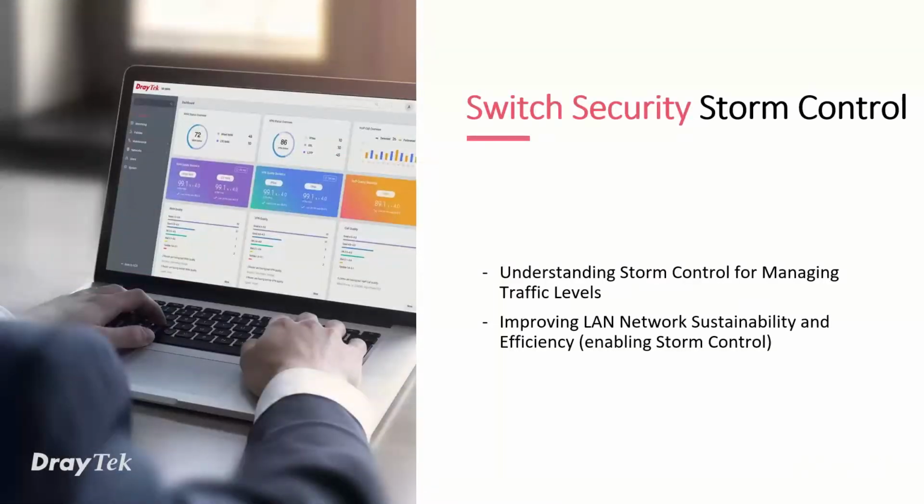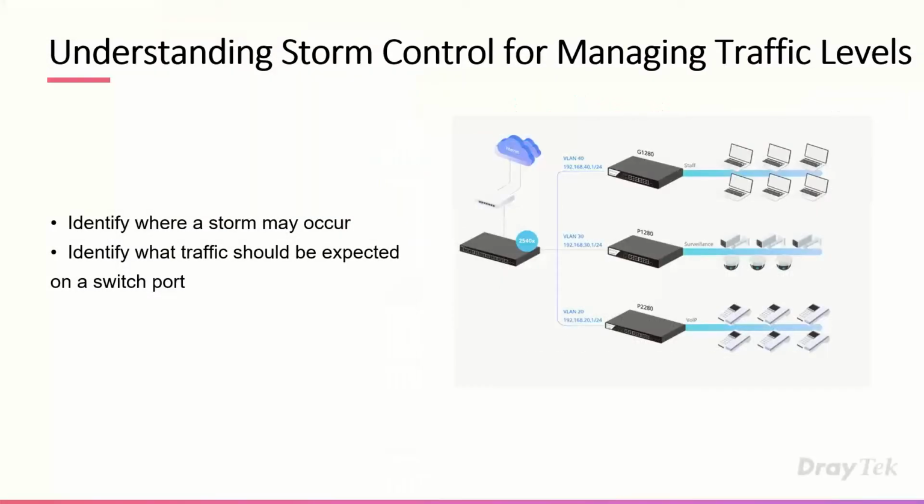We can now move to storm control. Let's quickly have a look to understand how storm control for managing traffic level works. Basically, a storm is usually generated when messages are broadcast on the network and each message prompts a receiving node to respond by broadcasting its own message on the network. This, in turn, prompts further responses, creating something like a snowball effect.